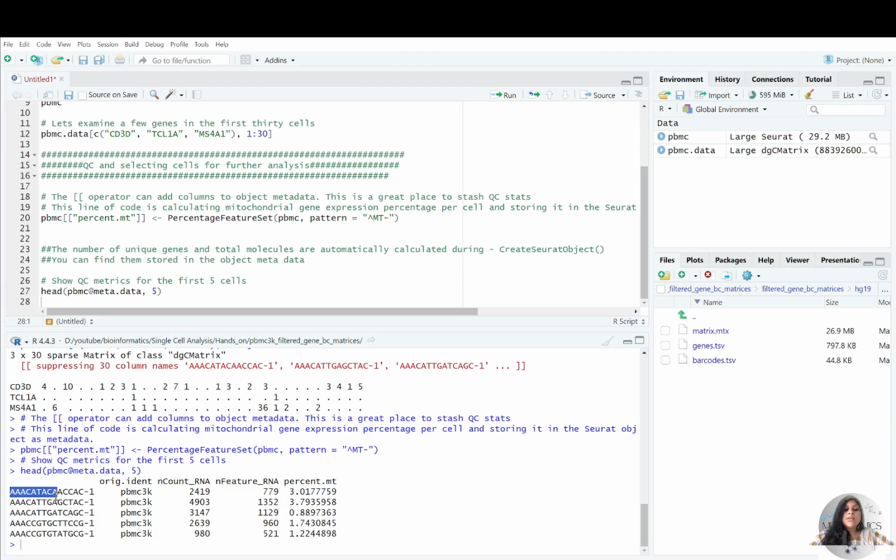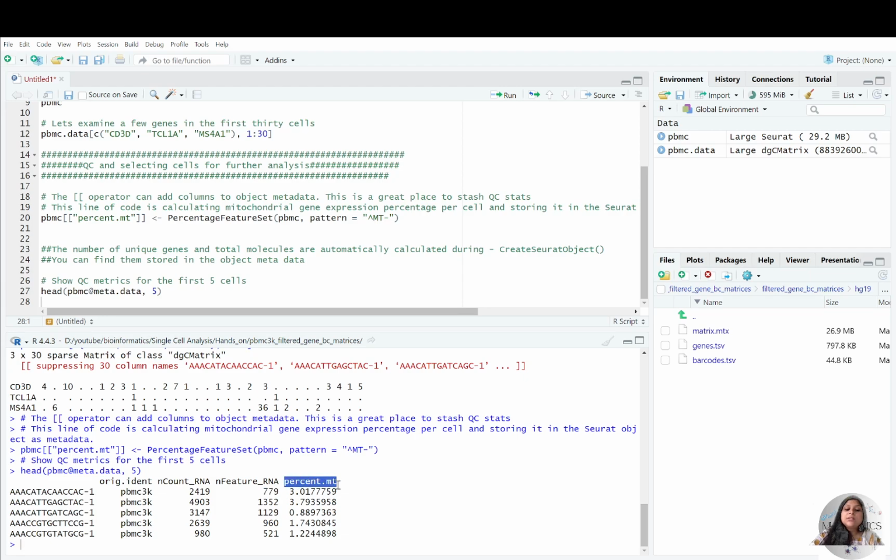The first column is giving us the barcode value, and these represent different cells. So different cells will have different barcode sequences. Now nCount_RNA is the number of RNA molecules that are present for this particular cell, and nFeature_RNA, that feature means the number of genes that are being expressed.